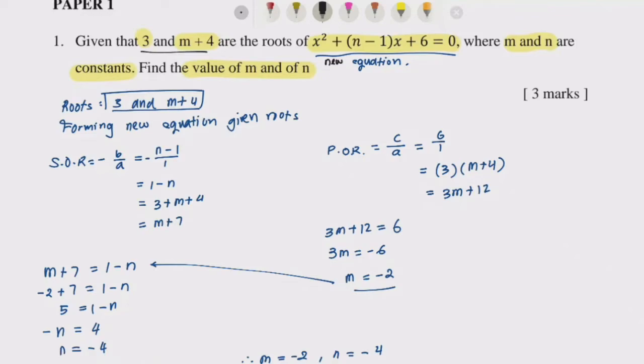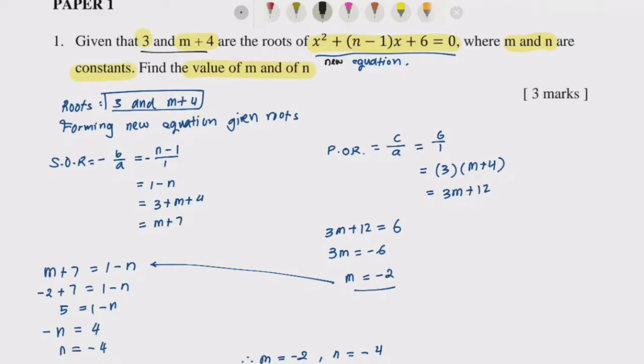So you don't really realize that on this topic, or this subtopic, questions will not just come up like forming new equations based on the given roots, because sometimes it can come in this way also. It tests your knowledge and your skills in forming new equations from the given roots.